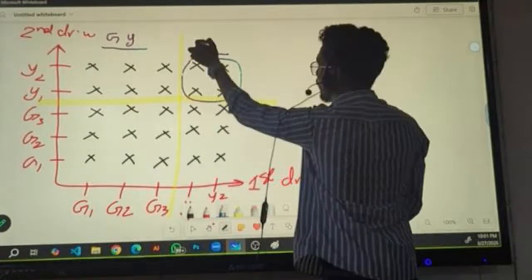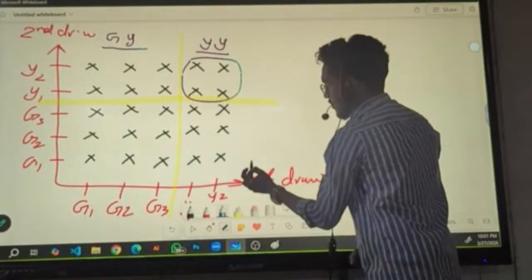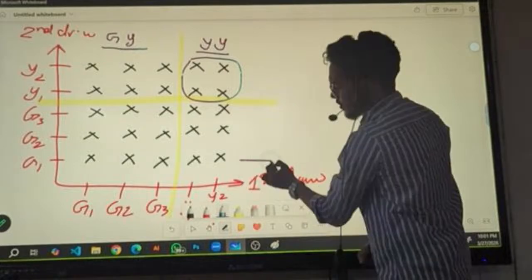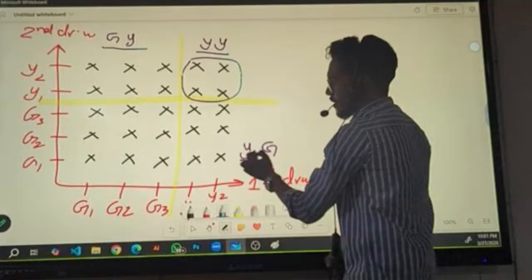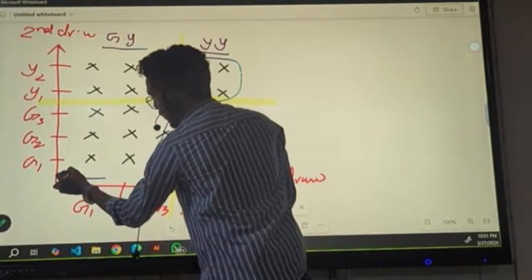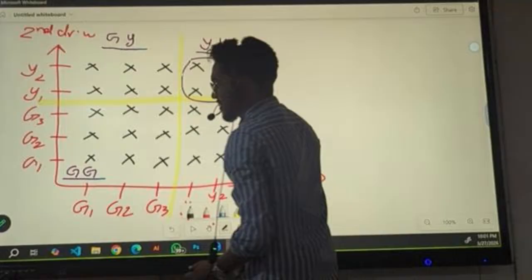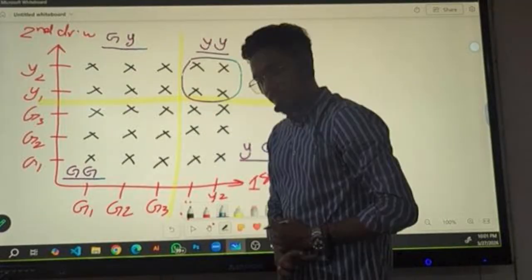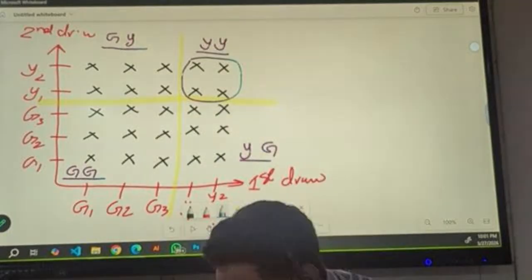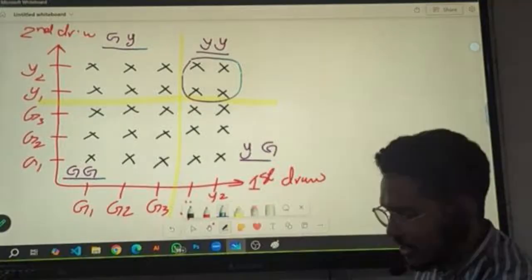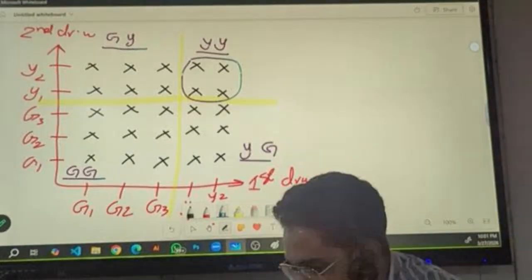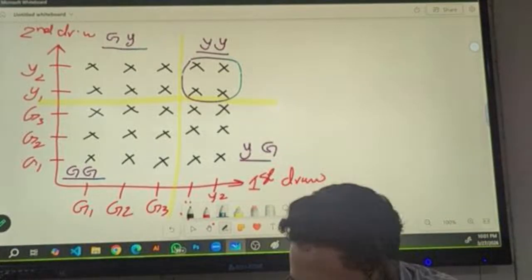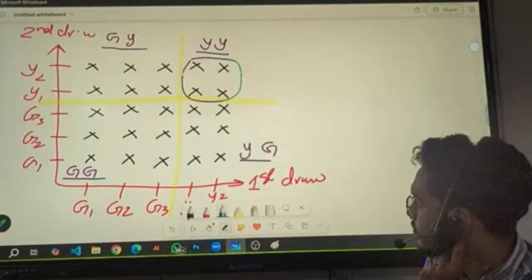Now can you tell me, out of these 4 sections, what are the sections we can take for the first question, obtaining green in both draws? We'll number these sections. I'll number this as 1, 2, 3, 4. What are the sections in both draws?